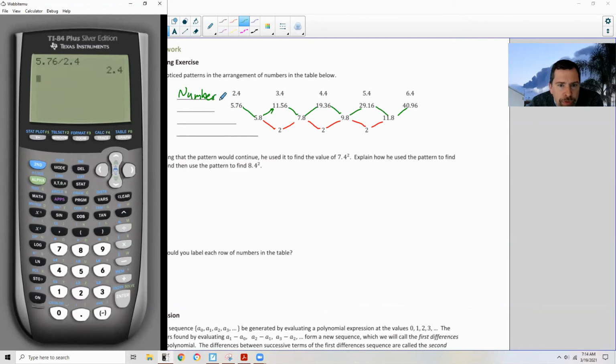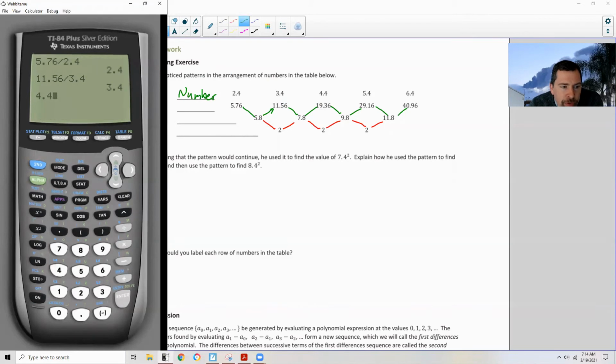And I got 2.4. Will I get 2.4 when I divide 11 by 3? Doesn't look like it. 11.56 divided by 3.4 gives me 3.4. So there's a pattern here. 2.4 times itself is 5.76. So it looks like we're squaring the first number. So let's just make sure that's true.